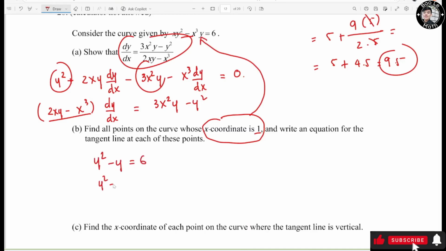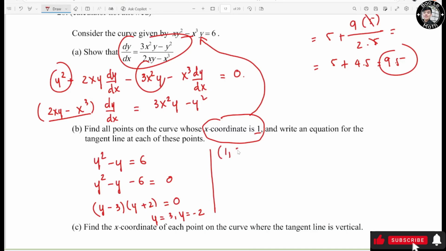So y squared minus y minus 6 equals 0. Factor this one out, so it could be y minus 3 times y plus 2 equals 0. So y equals 3 and y equals negative 2. So you have the points 1, 3 and 1, negative 2, right?